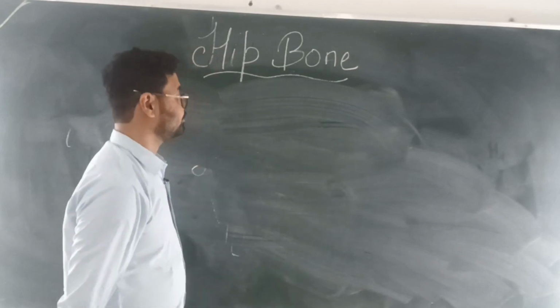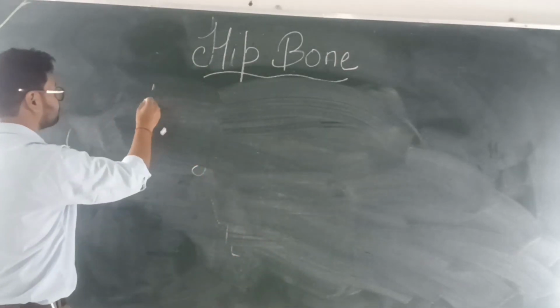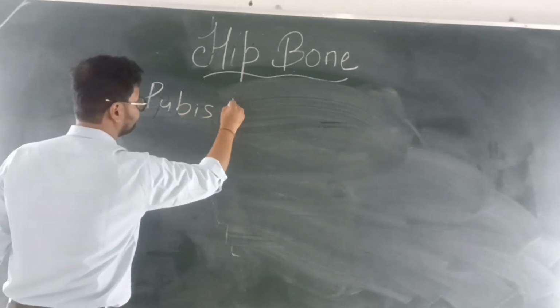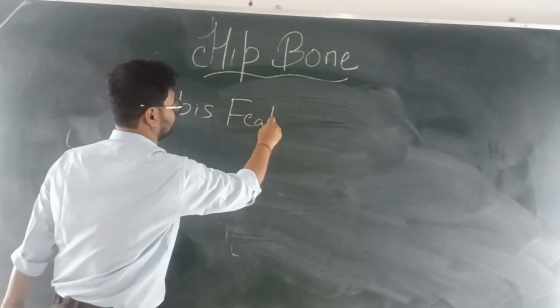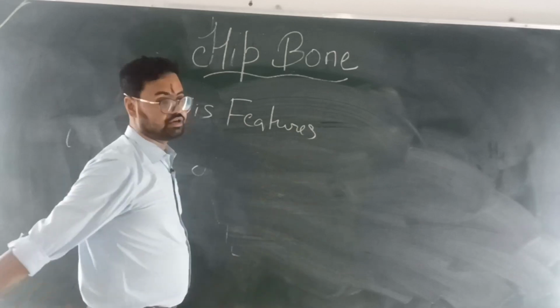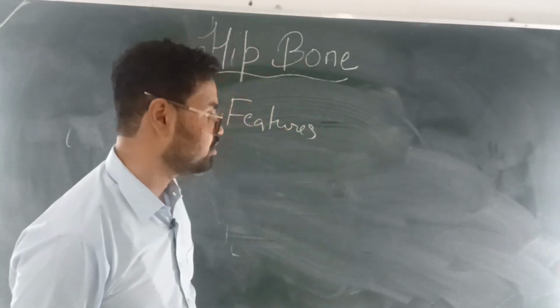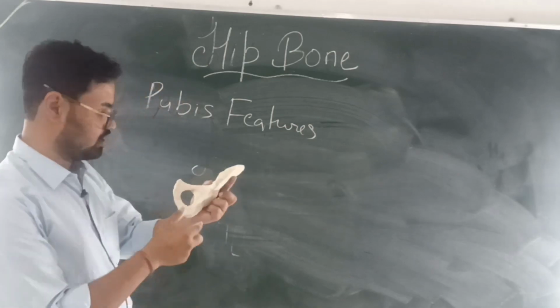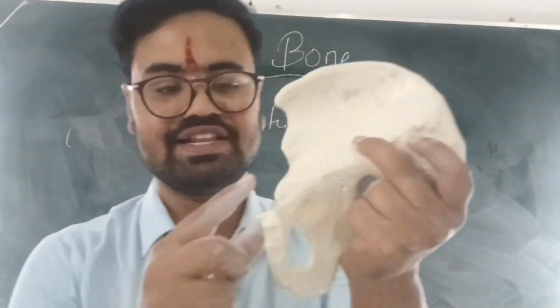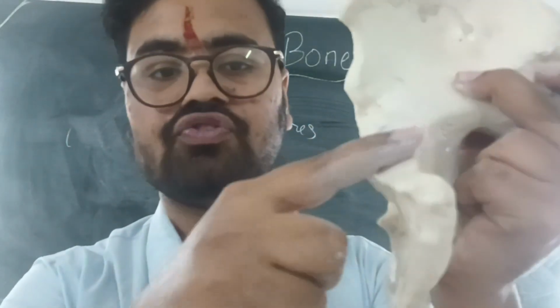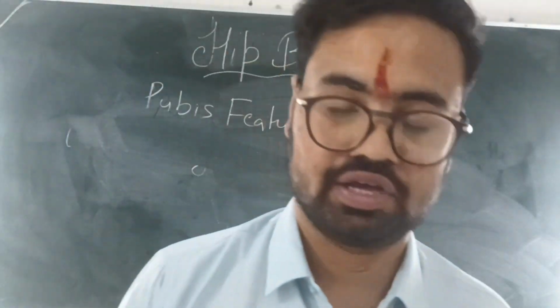So pubis, features of pubis bone. See, pubis bone is divided into two major portions. This one, it lies anteriorly. This bone that you are seeing, which bone is this? It is the pubis bone.